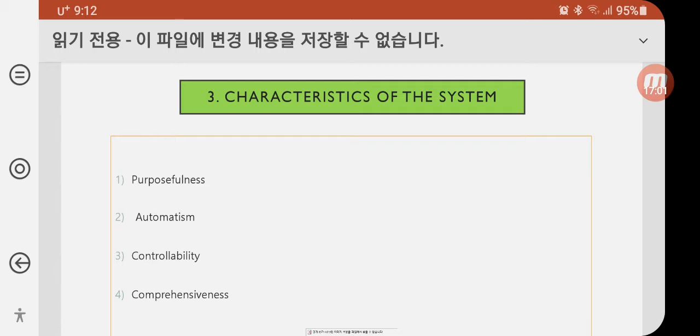Controllability is a characteristic that can detect and correct a situation that deviates from predetermined rules or limits in advance. Comprehensiveness is the characteristic that the components are combined organically and operate comprehensively to meet the purpose.